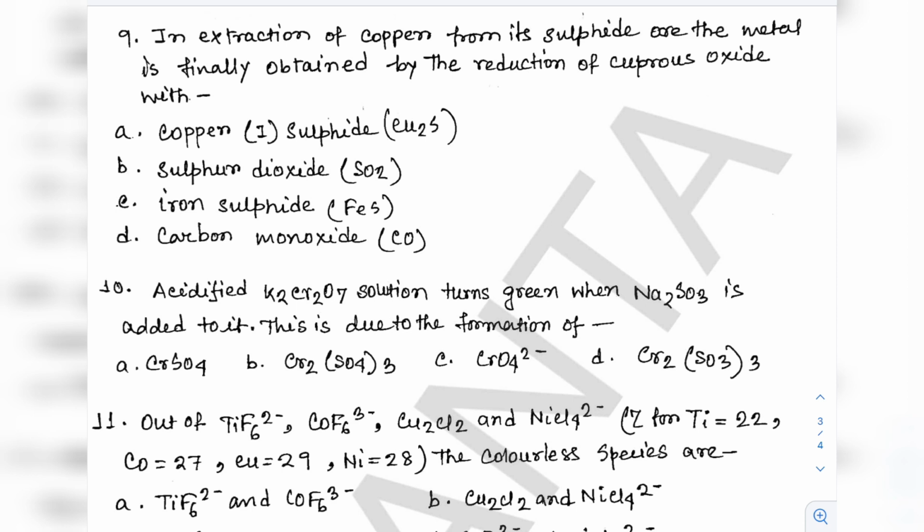The reaction is actually Cu2S reacts with 2Cu2O to produce 6Cu along with SO2. This is the reaction. So option A is the correct answer.